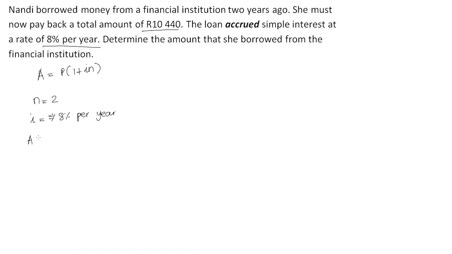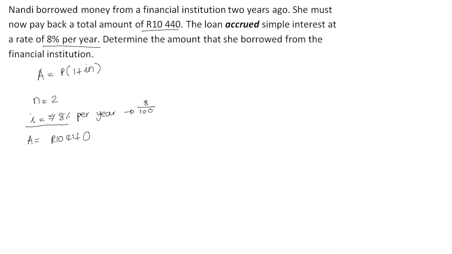Therefore, the A value in the formula, or the accumulated value, is 10,440 Rand. It is important to remember that we need to write the percentage, the 8%, as a decimal fraction. So it will be written as 8 over 100.